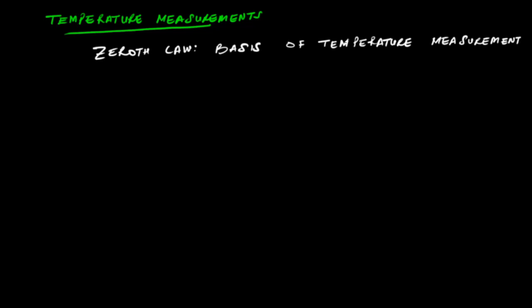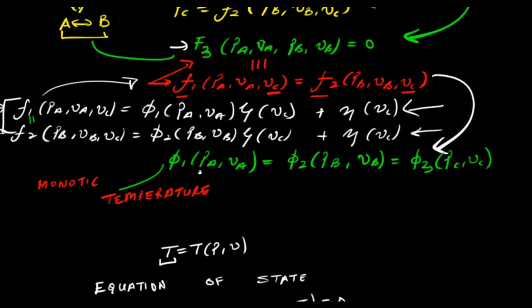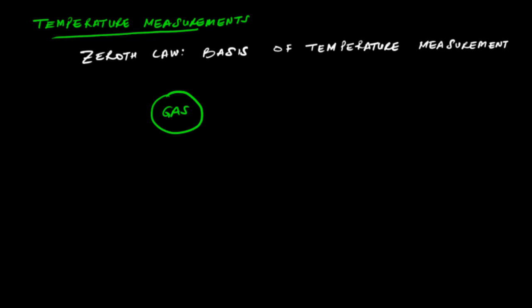What do we mean by temperature measurement? Temperature can be measured by any property that can be measured that changes when a system attains a new thermal equilibrium with another system. For example, in the previous analysis, we've seen that upon achieving thermal equilibrium, the pressure and the specific volume may change. Now, if you want to construct a simple thermometer, you may consider a gas enclosed in, let's say, a bulb of fixed volume.